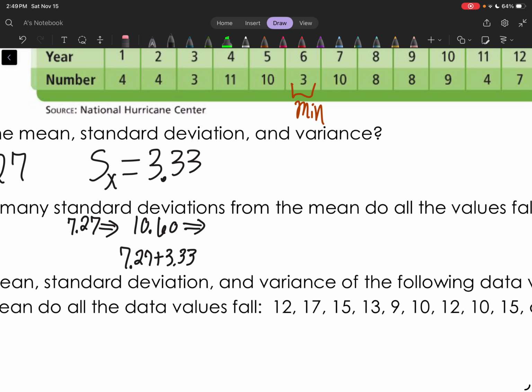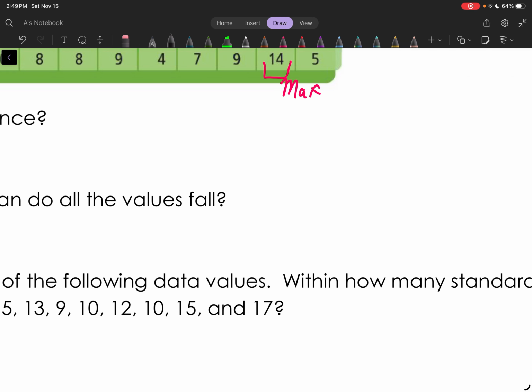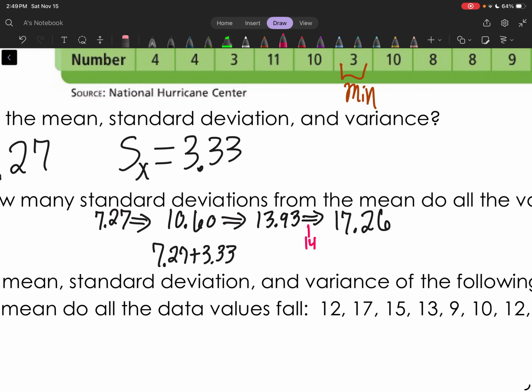So I'm going to add another 3.33. This is 13.93. This has not reached that maximum of 14, so I need to add another standard deviation. And that's going to be 17.26. So my 14 lies here. This is going to be within 1, 2, 3 standard deviations.